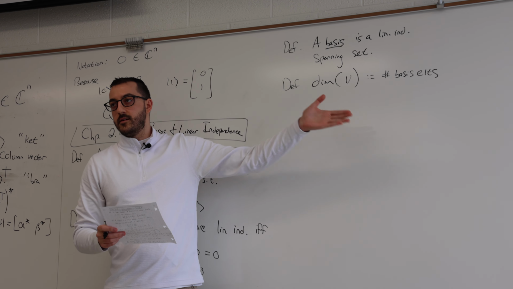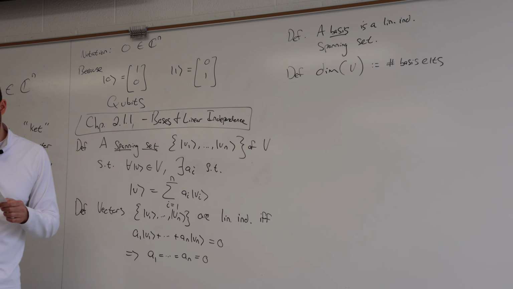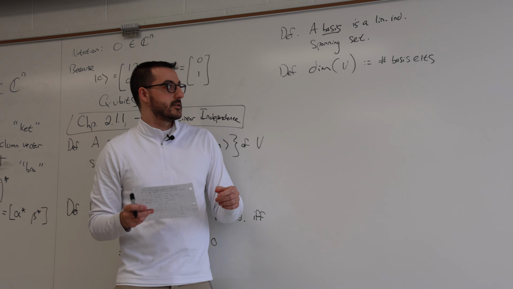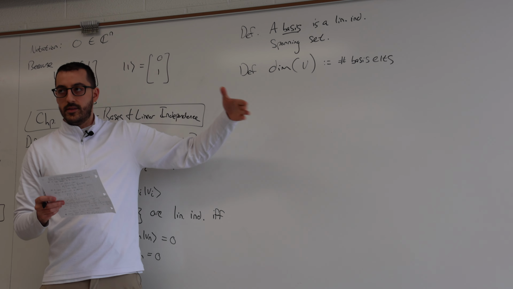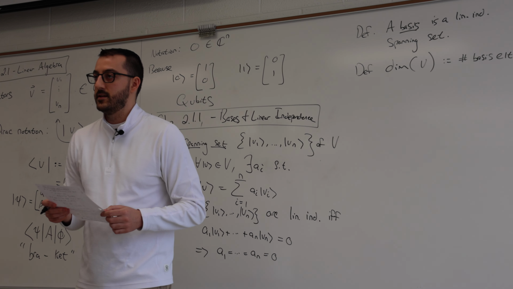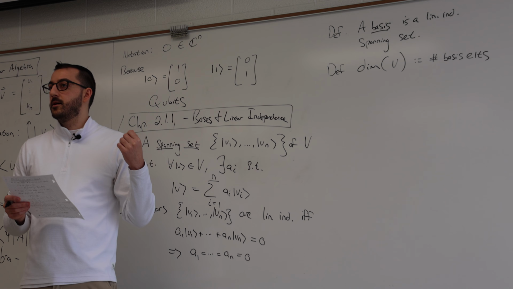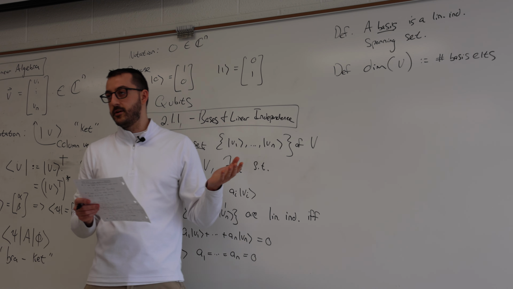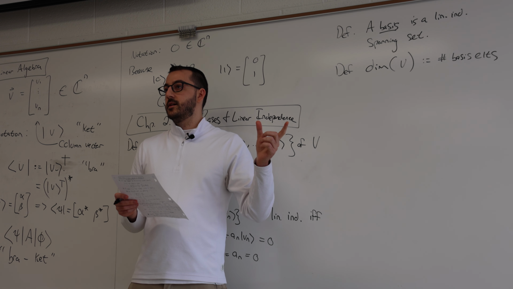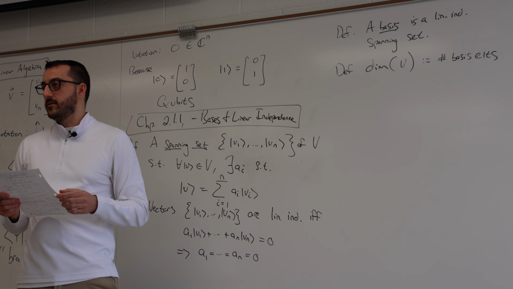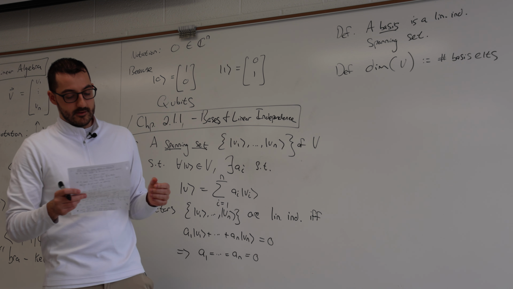So just a note, if you're comparing to any friends that you have who are taking quantum mechanics, we will always be finite dimensional. The classic example of an infinite dimensional space is, think back to Fourier series, which I wrote down yesterday. I can write any function in terms of a Fourier series, but the summation is infinite. I have to include all frequencies. So that would be an example of an infinite dimensional vector space.